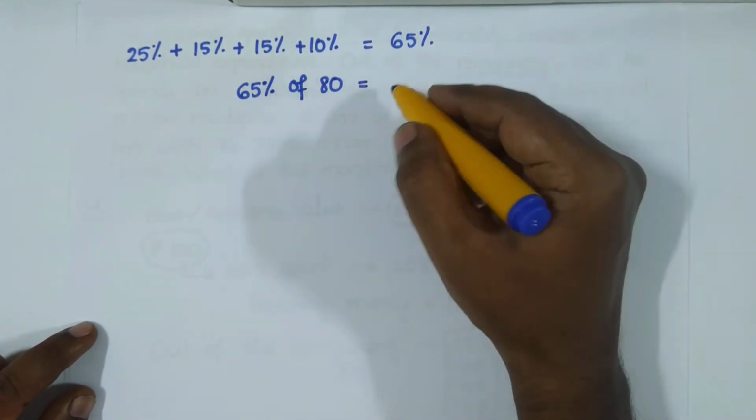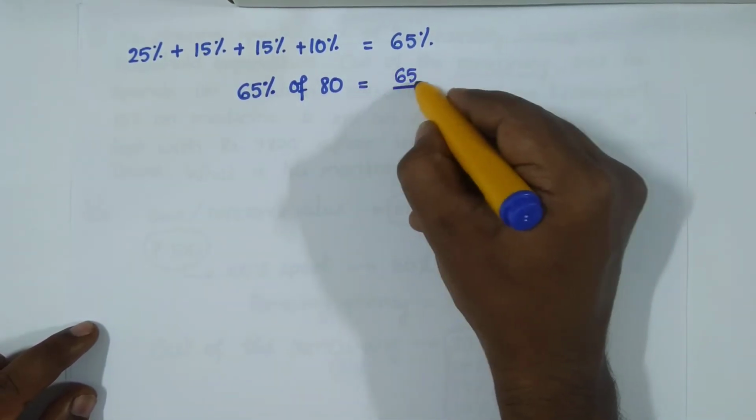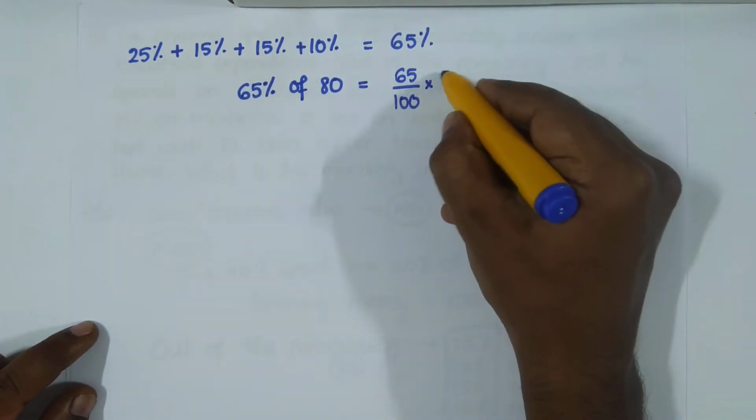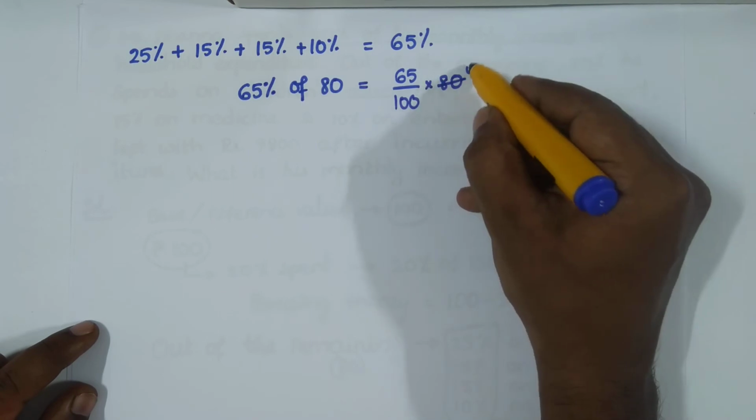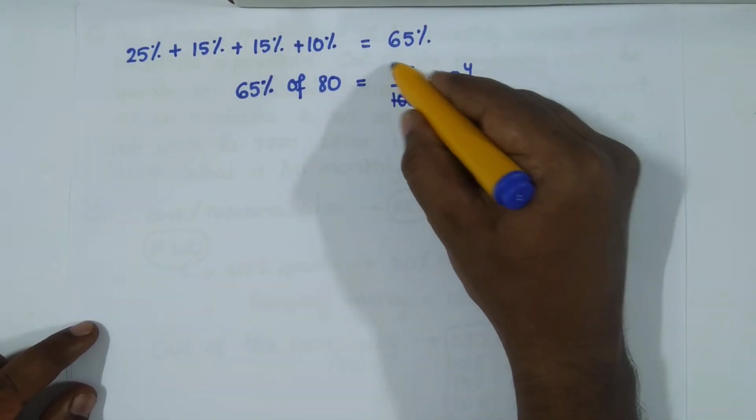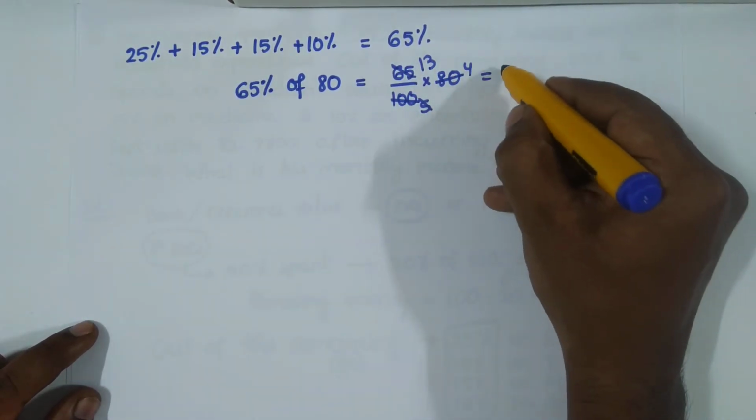So this is 65 by 100 multiplied by 80. This can be 5 13s are 65, and 13 4s are 52.